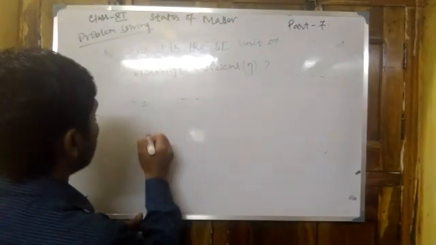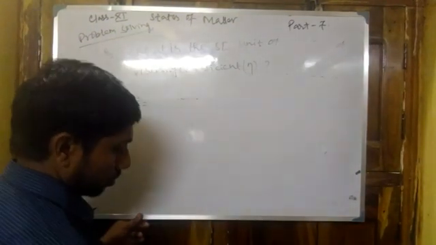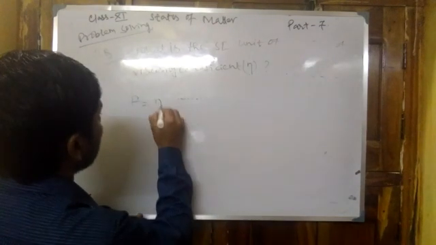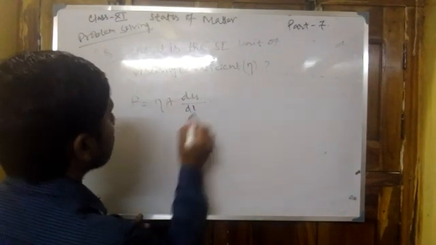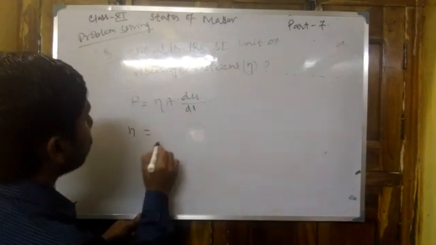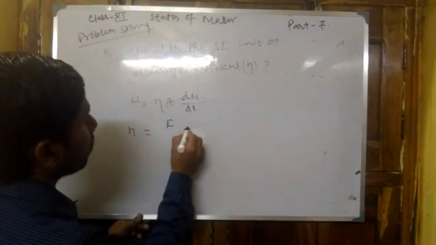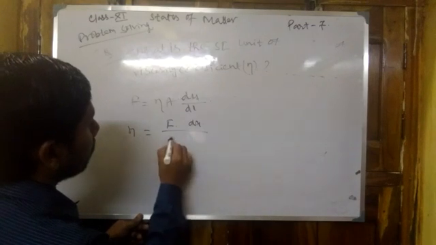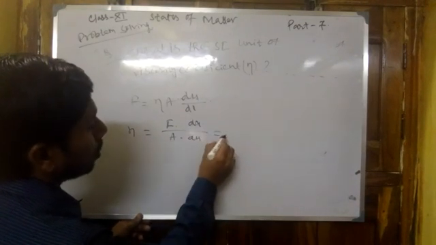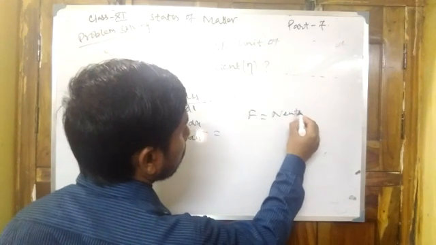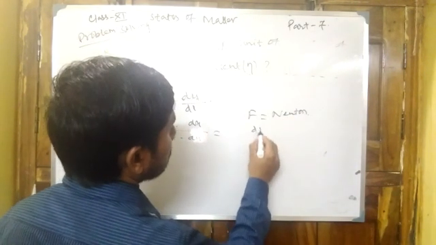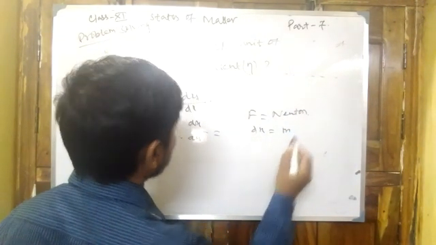Now F equal to eta A du by dx. Now eta equal to F dx by A into du. F is the force, that is Newton. dx is meter.